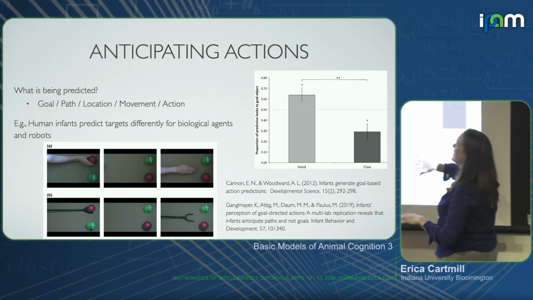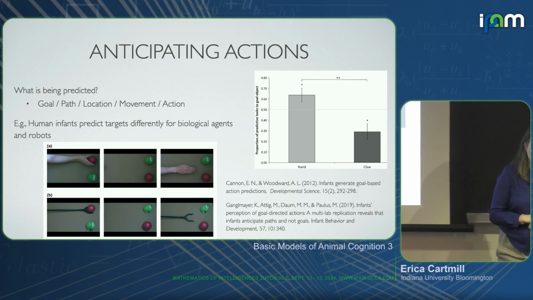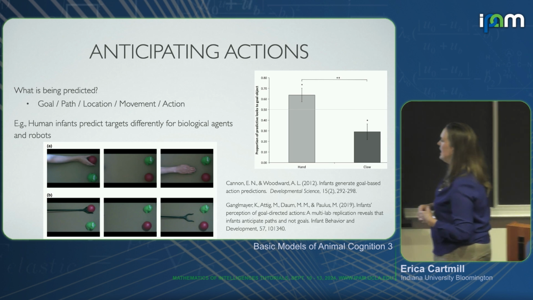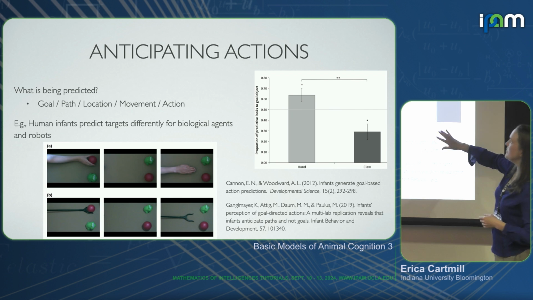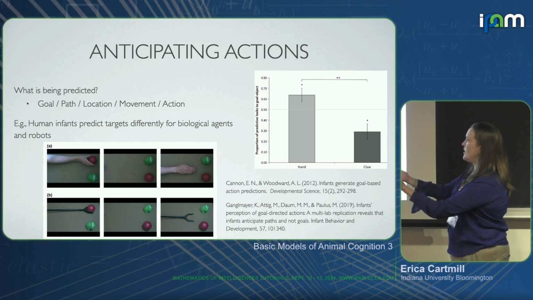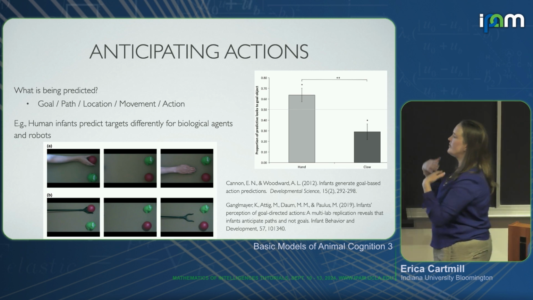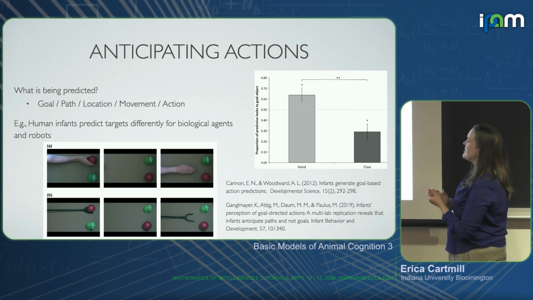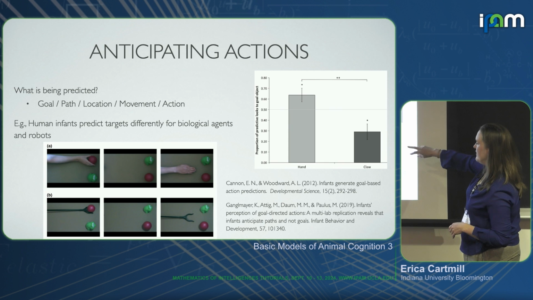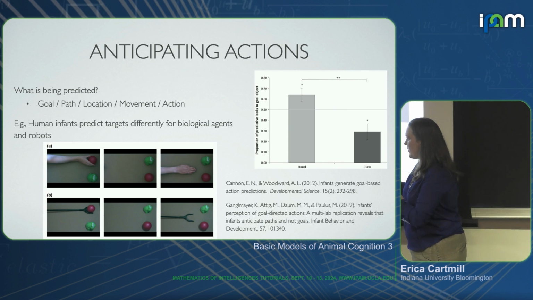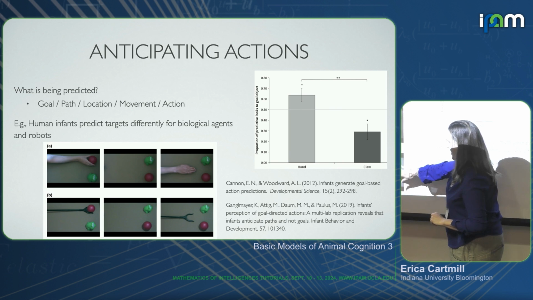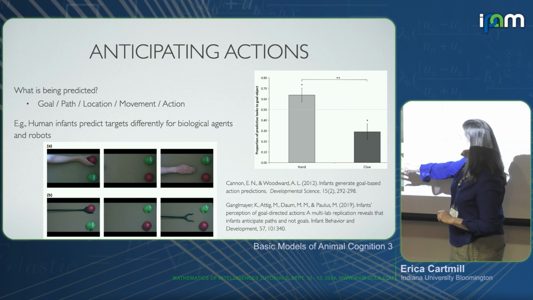There's a whole bunch of work on goal detection, anticipation of actions. This is actually a study from human infants, but there have been similar things in different animals, looking at where you expect someone to move, what you expect someone to choose. I thought it might be interesting for folks here: looking at human infants differentiating between biologically agentive action and action of a mechanical claw.